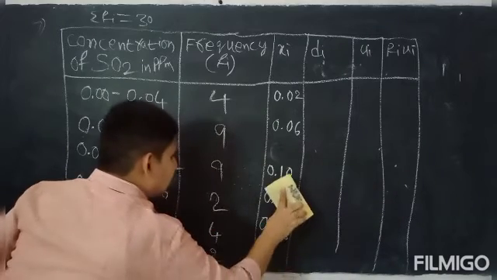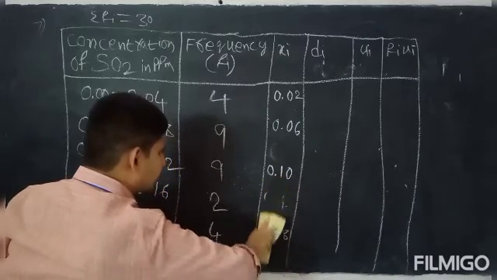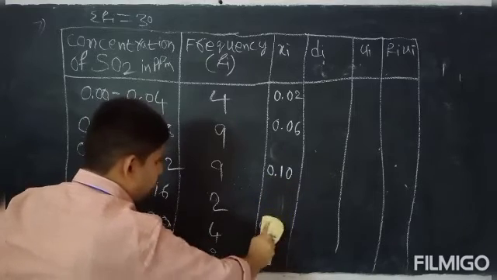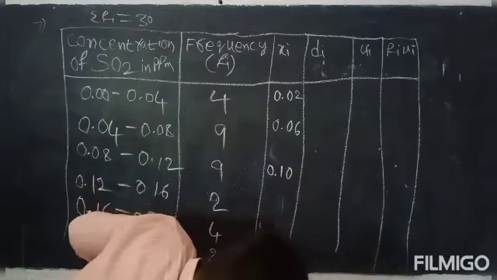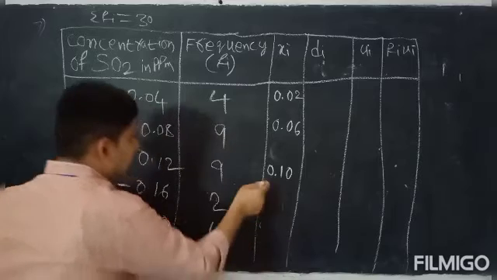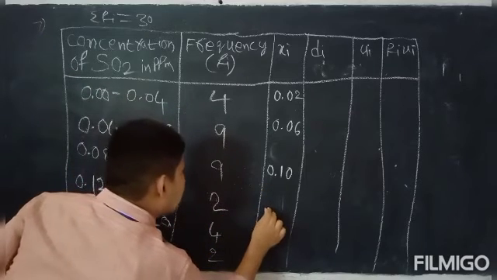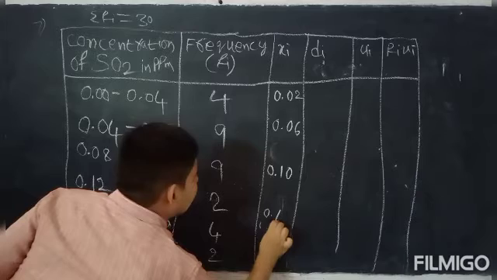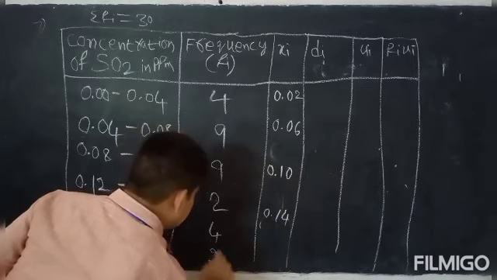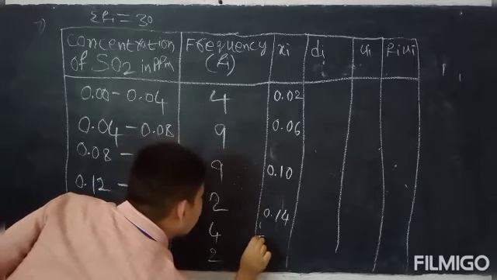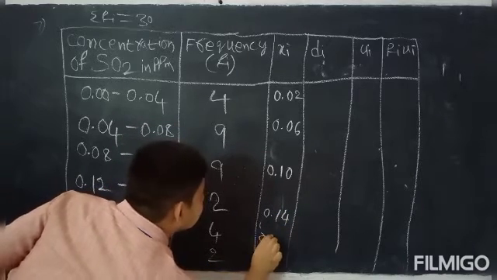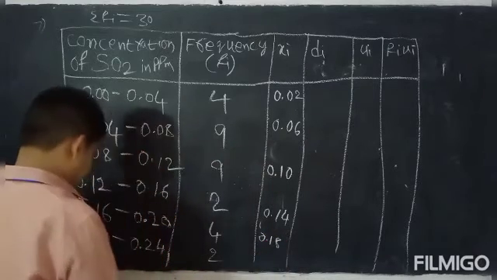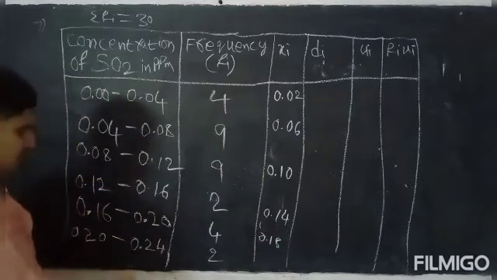Okay? No problem. Okay, now this is 0.10, so this is 0.14, the corresponding X value. So this is 0.18. Okay, now again 0.22.